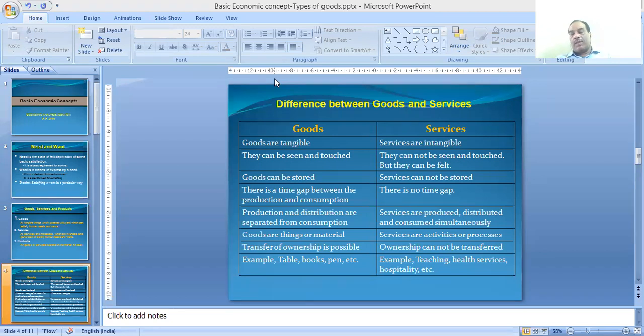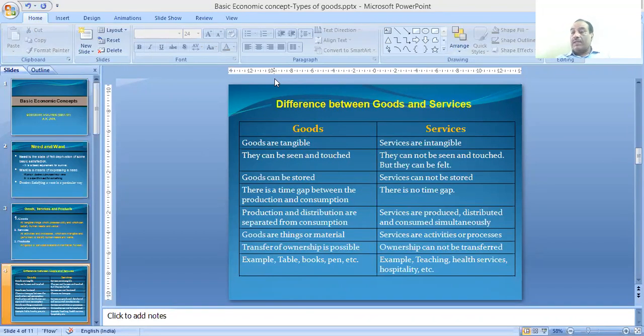In case of goods, a pen is prepared somewhere, and then after its manufacturing, it is offered in the market at a certain point of time, at a certain interval. So there is a gap between the production and the consumption of the product or use of that product.